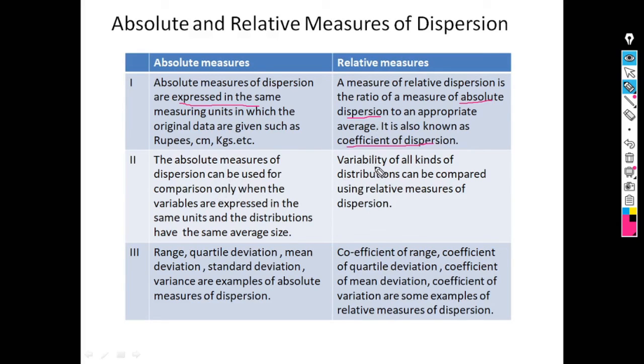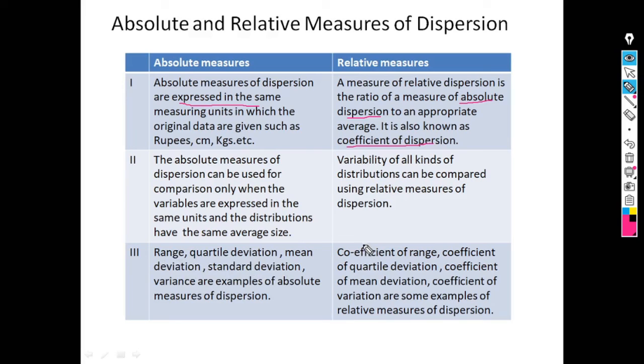For relative measures, the variability of all kinds of distributions can be compared, because a relative measure of dispersion is a unitless quantity. Therefore, we can compare any kind of data by using the relative measure of dispersion. Examples of absolute measures of dispersion are range, quartile deviation, mean deviation, standard deviation and variance.